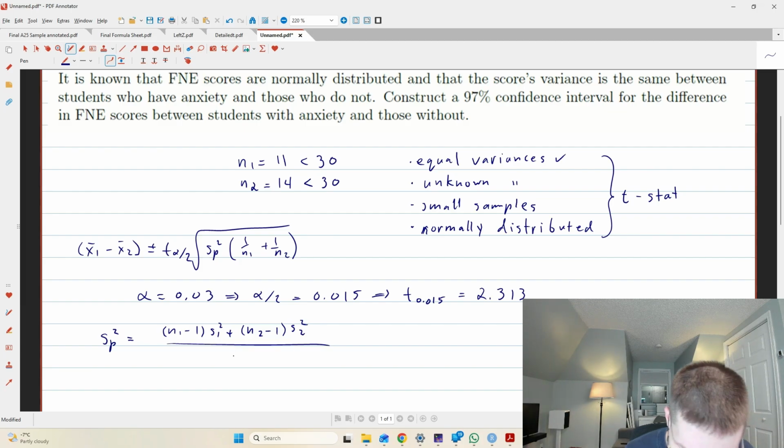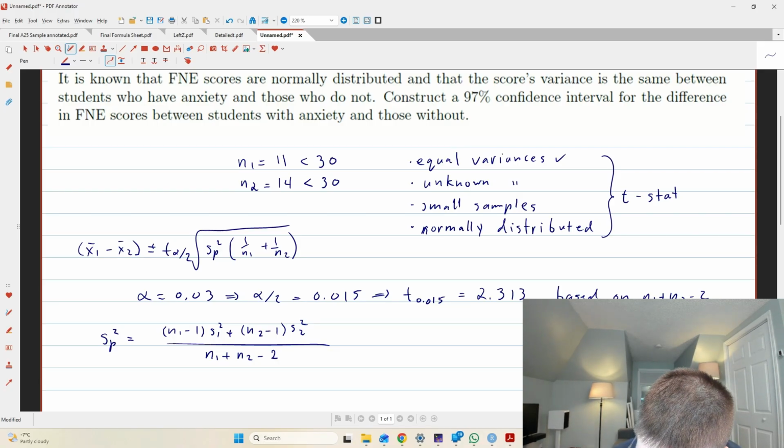Over N1 plus N2 minus 2. And the t-statistic here also I should have said is based on N1 plus N2 minus 2, so that is going to be 23 degrees of freedom. That's how I found this t-value.